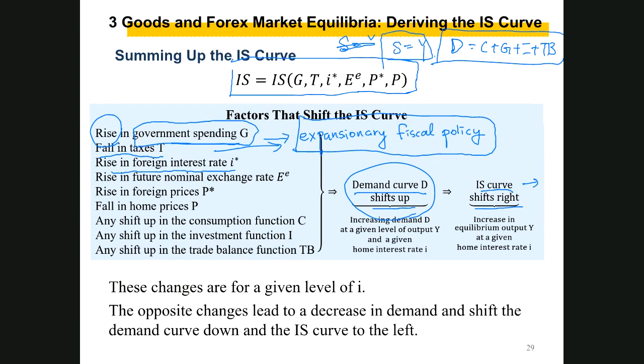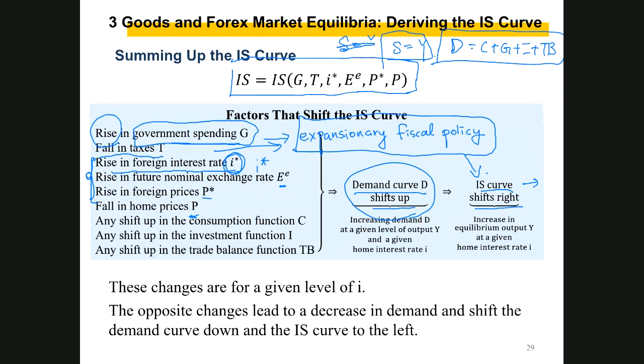Okay, and this will cause the IS curve to shift to the right. Of course, the other variables will play a role as well. So if the foreign interest rate is higher, and this one's higher, this one's lower, then the demand curve will shift up, and the IS curve will shift to the right.